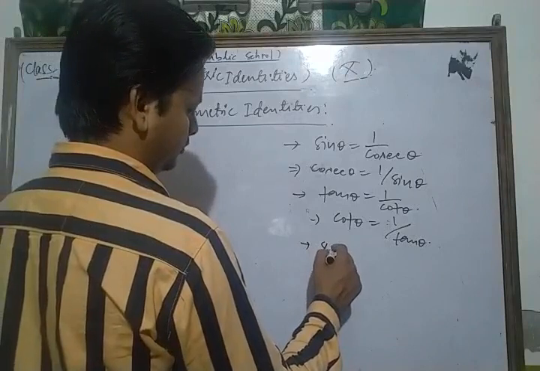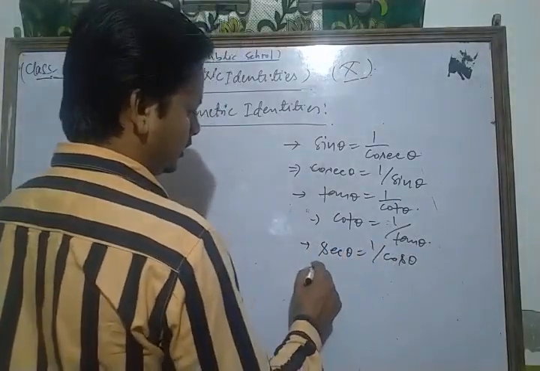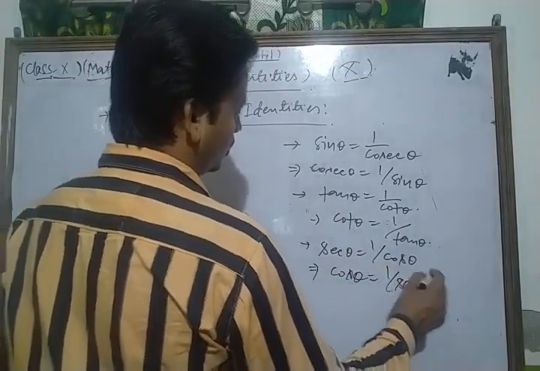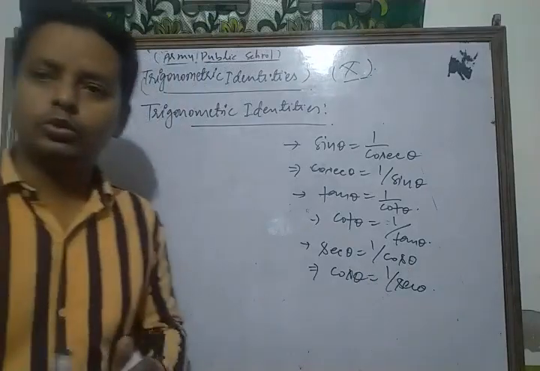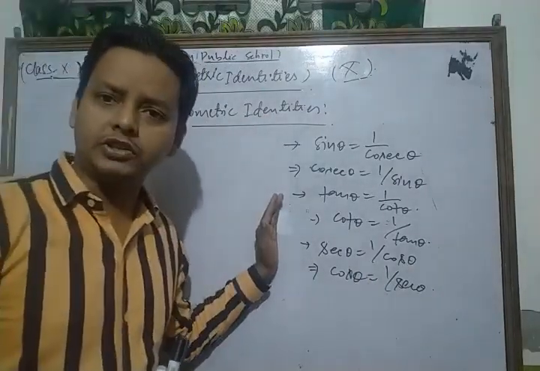Sec theta is equal to 1 upon cos theta, and cos theta is equal to 1 upon sec theta. So dear students, in previous classes we discussed all the important relationships.